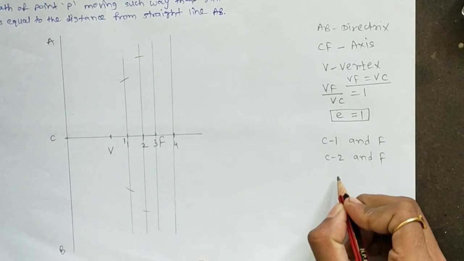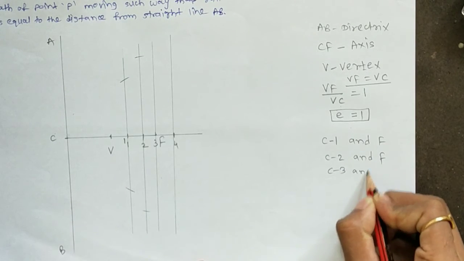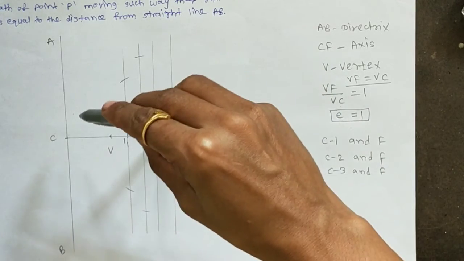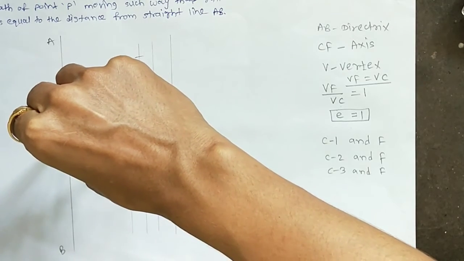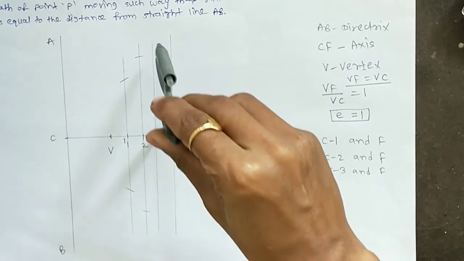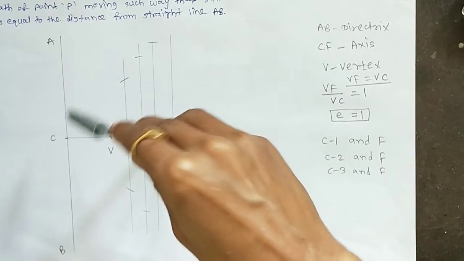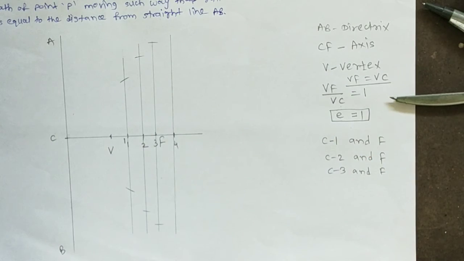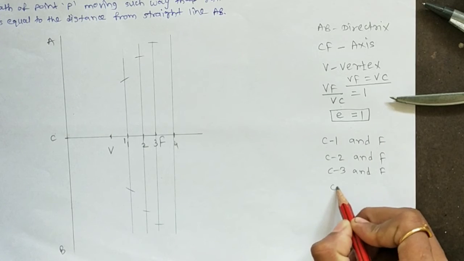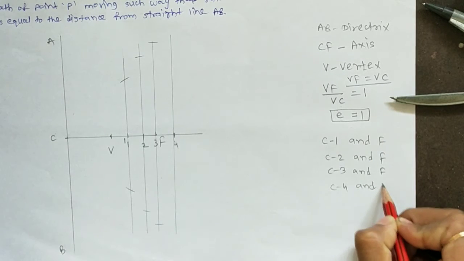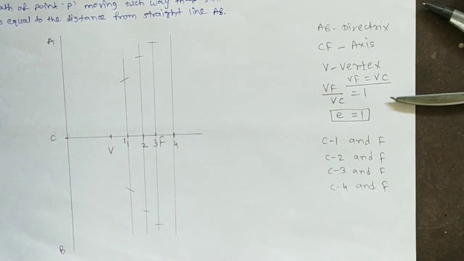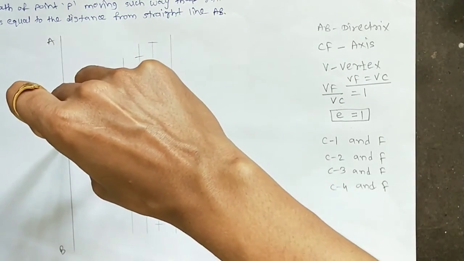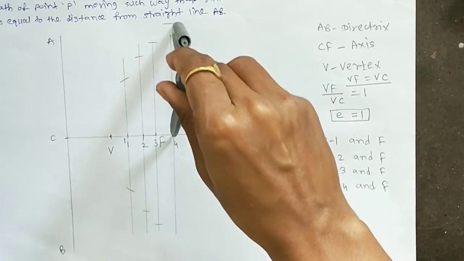Then take C3 distance and center point F. And mark an arc on third line. And last, take C4 distance and center point F. And mark an arc on fourth line.